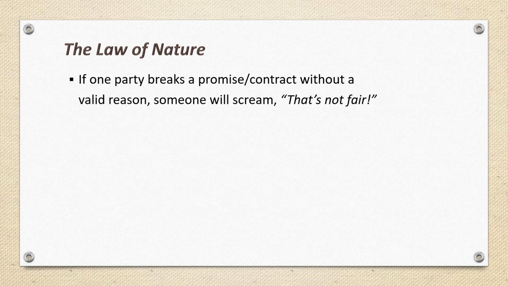And as he continues his discussion, he's giving us this very practical example. Let's say both parties made an agreement, and then one person breaks it, then the other party will scream, "That's not fair," because we agreed to do these things together based on certain terms that we agreed upon, but the other person broke it. Then being fair versus unfair, that's a question we have to ask here.